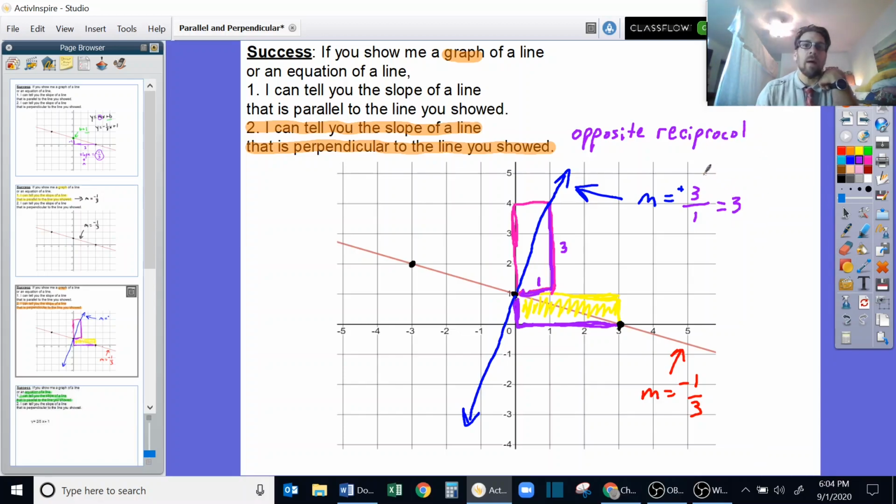I hope I spelled that right. We change the sign from positive to negative or negative to positive, so that's the opposite part. I'm just going to put a little plus, minus, positive, negative, opposite. And then reciprocal is where we flip the fraction. So a perpendicular line has the opposite reciprocal slope. Okay?